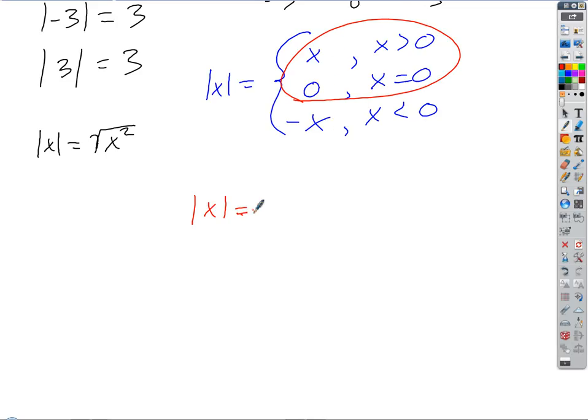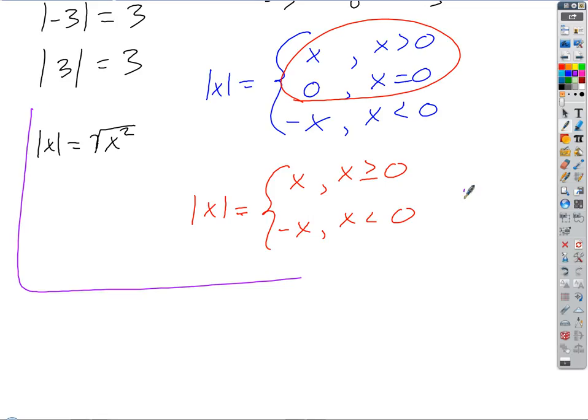We'll just write this as two pieces instead of three, and we'll say it's equal to x whenever x is greater than or equal to 0, and the opposite of x when x is less than 0, right? Okay, so those are the two pretty important ways to think about absolute value.